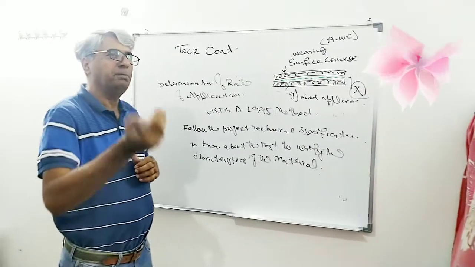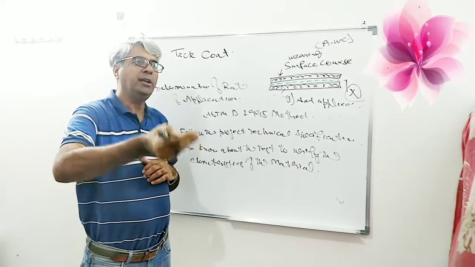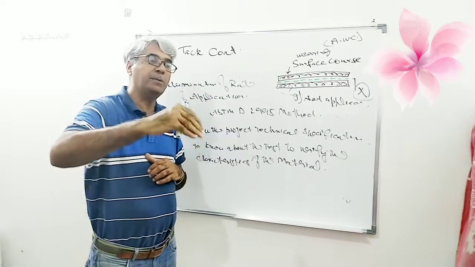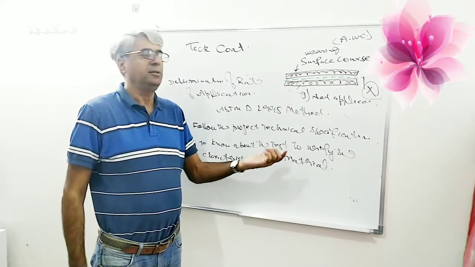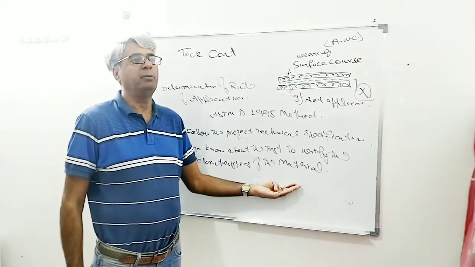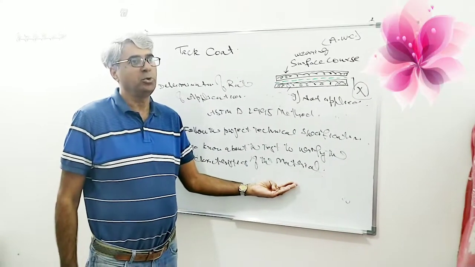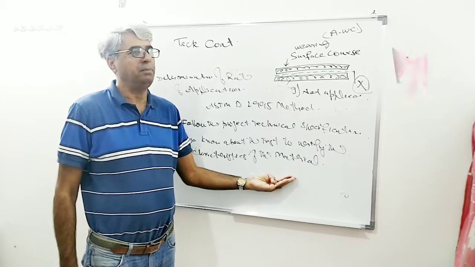Whether the material is a tack coat or a prime coat, the material should satisfy certain characteristics, and those characteristic tests which are given in your technical data sheet, you will have to go through them in order to validate it before or after the application.